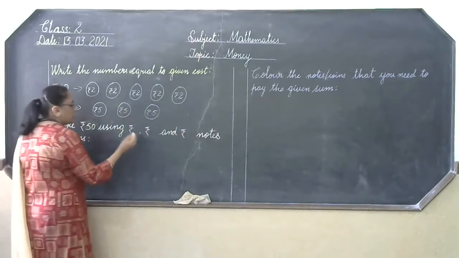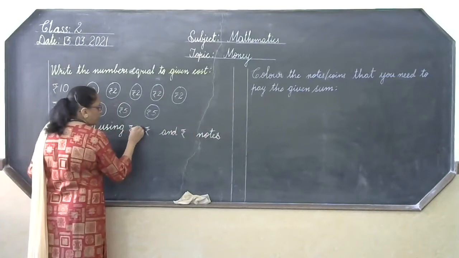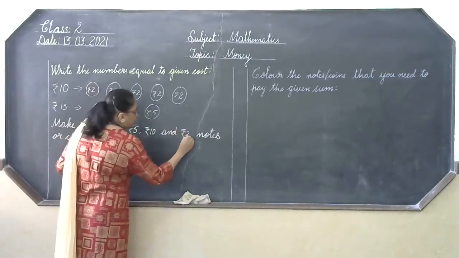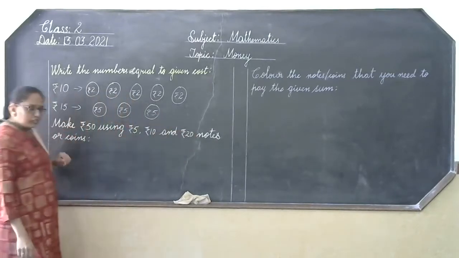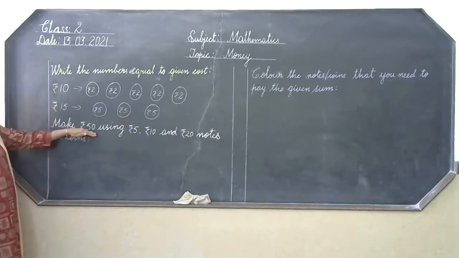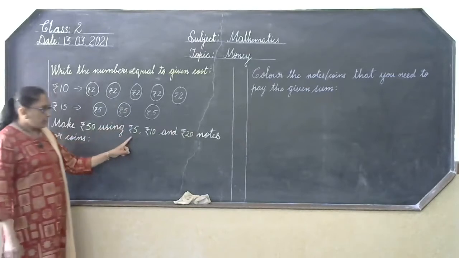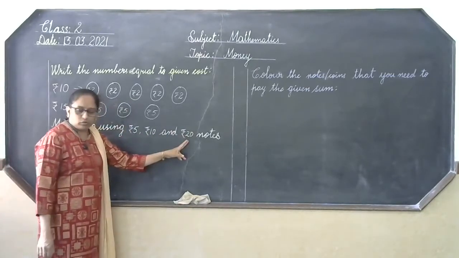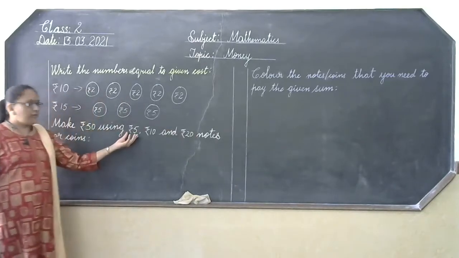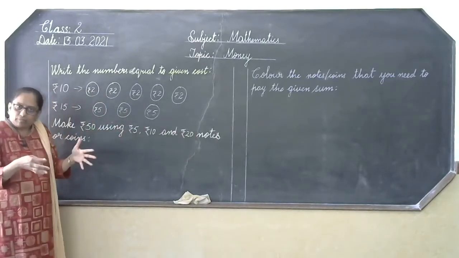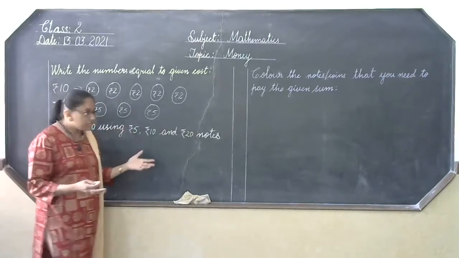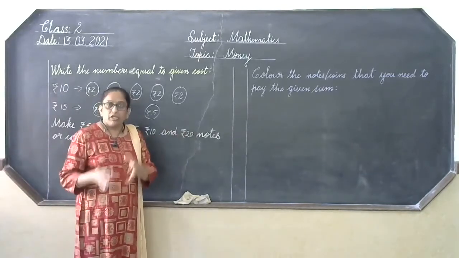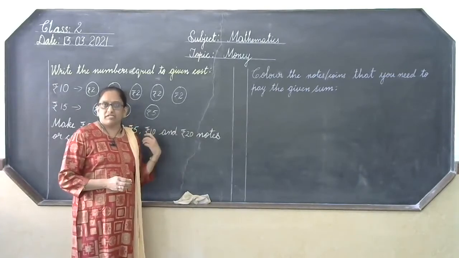Rupees 50 you should make using 5 rupees, 10 rupees and 20 rupees notes or coins. In a bowl, we have kept many 5 rupees, many 10 rupees, many 20 rupees in different 3 bowls. You should pick and give us.